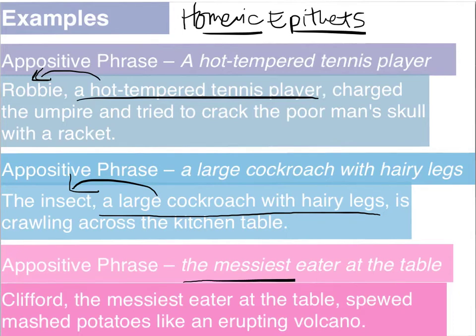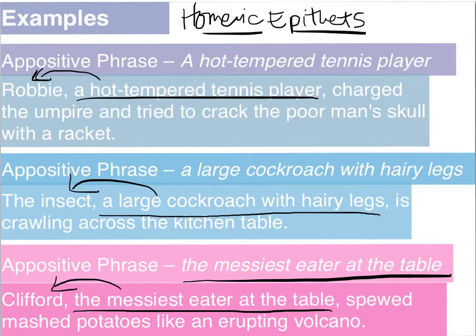Let's look at this last one. The messiest eater at the table. Okay? Clifford, comma, the messiest eater at the table, comma, spewed mashed potatoes like an erupting volcano. So we see here again, we now know that Clifford, we've added this characteristic in which we've identified him as the messiest eater at the table.